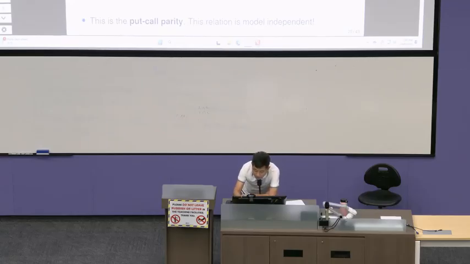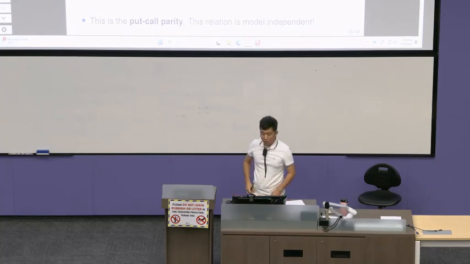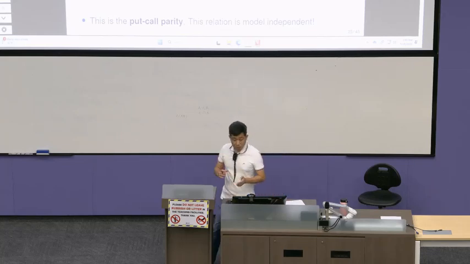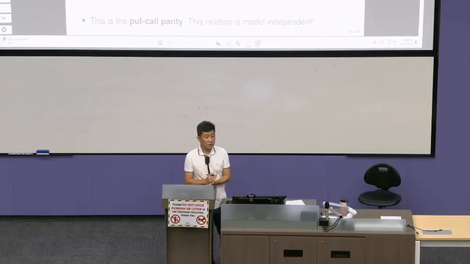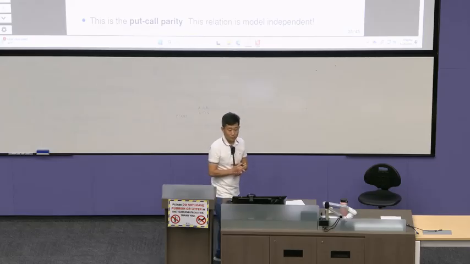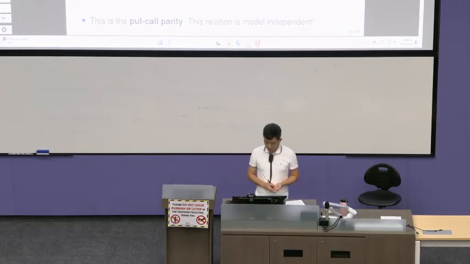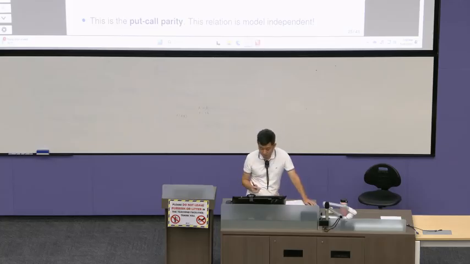If ST is smaller, then your call option is worthless. On the left, it becomes K minus ST, and on the right, your put option is exercised. You also get K minus ST. So your portfolio always gives you the same payoff as this put option.